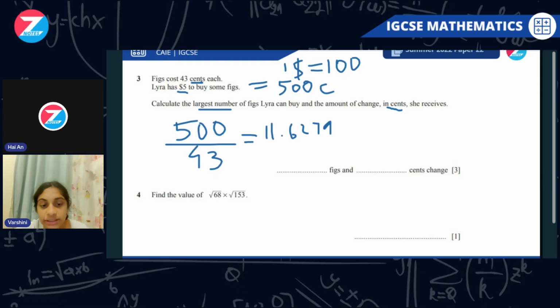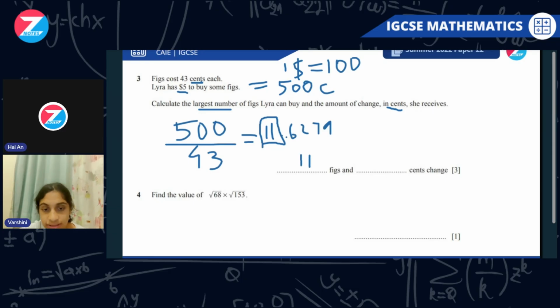Okay, but remember, we want the amount of figs she can buy in the whole number. So she obviously can't buy 11.627 figs because figs only come as whole. So we know that the largest amount is 11. She can't buy any more than 11 because she gets 0.627. So we can write this over here as 11.